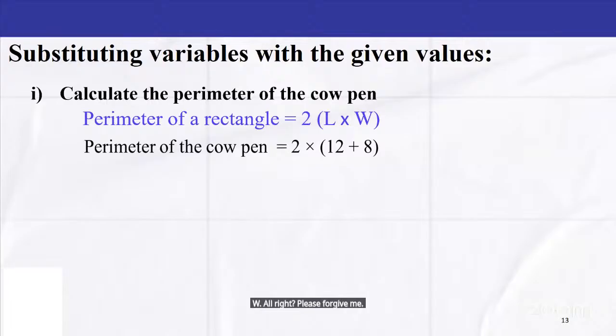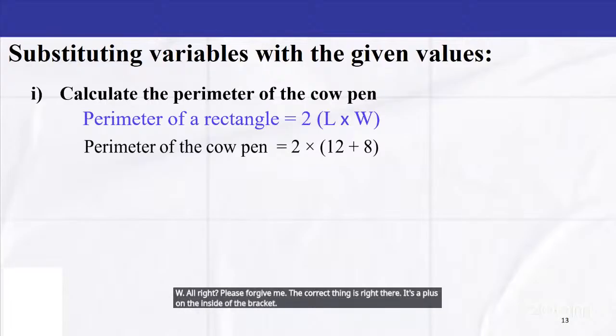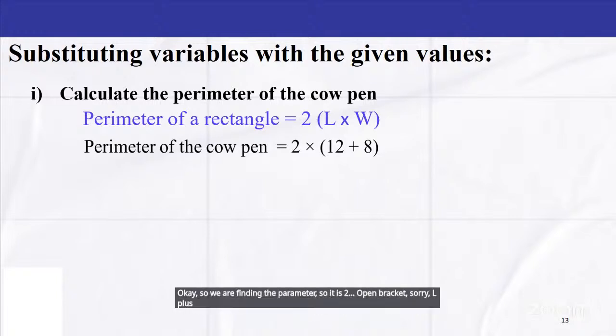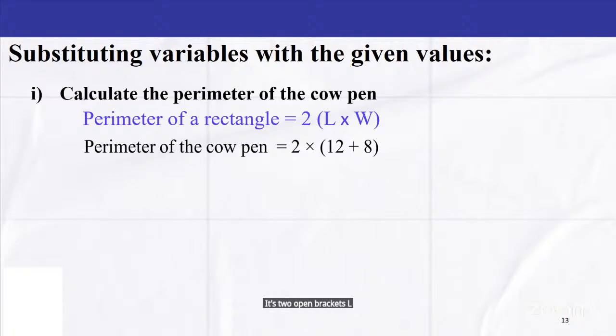The correct thing is right there. It's a plus on the inside of the bracket. So we are finding the perimeter. So it is 2 open bracket L plus W. Please make the correction, students.